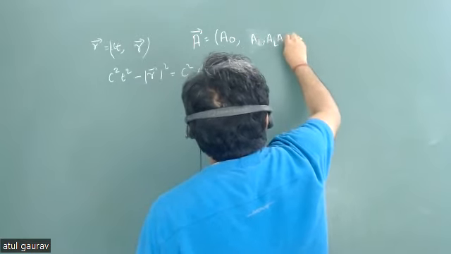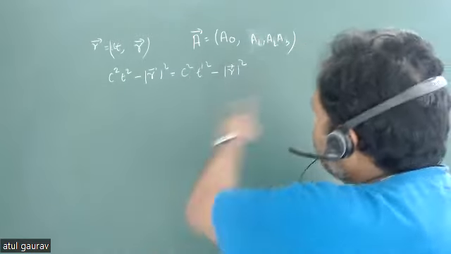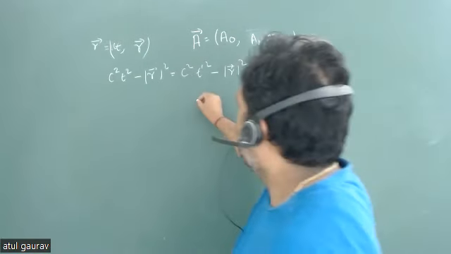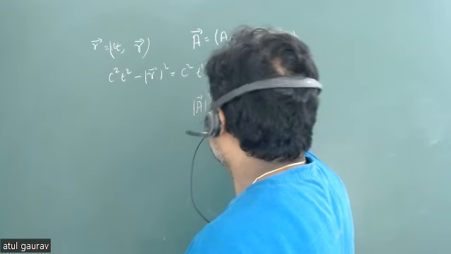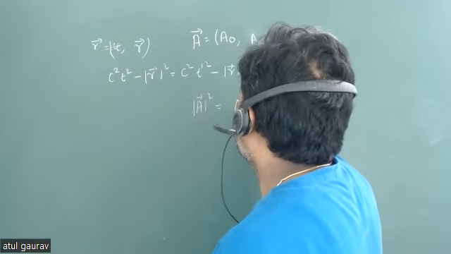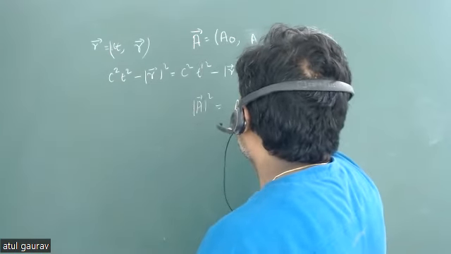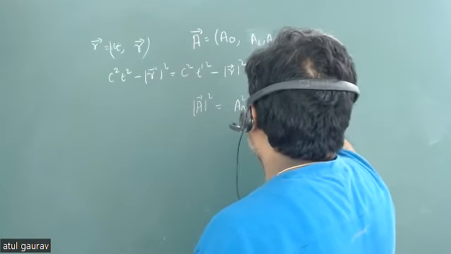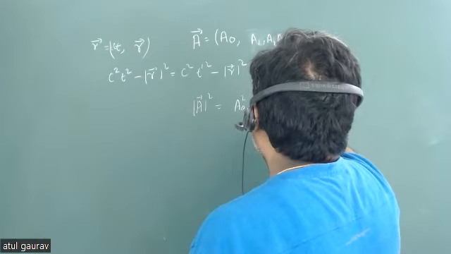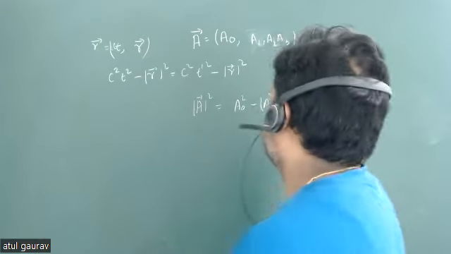And this is your 4 vector. And if you are going to calculate the mod a square, then mod a square is equal to a naught square minus a1 square plus a2 square plus a3 square.